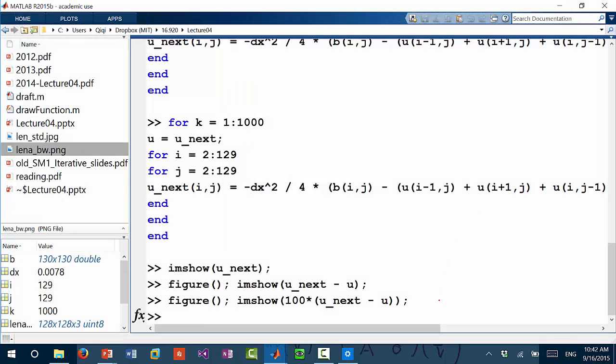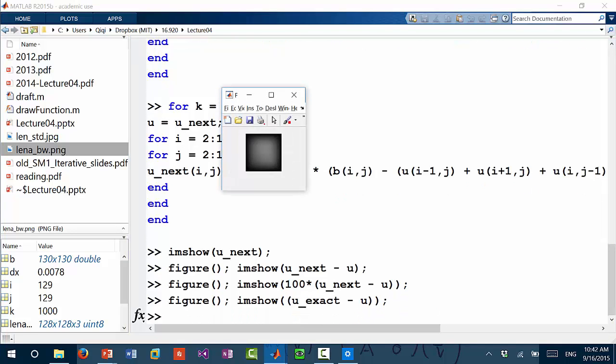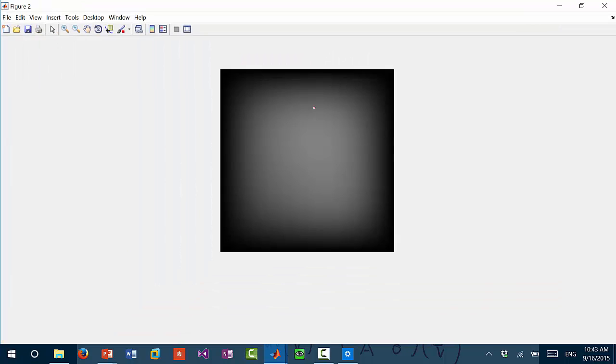So let me do this. Oh, u exact, yes, u exact minus u. So let's do this first. So u exact is actually brighter than u in the middle.